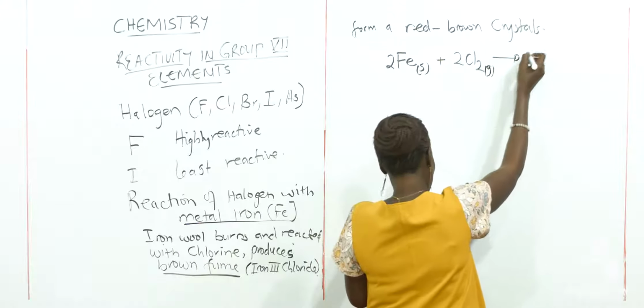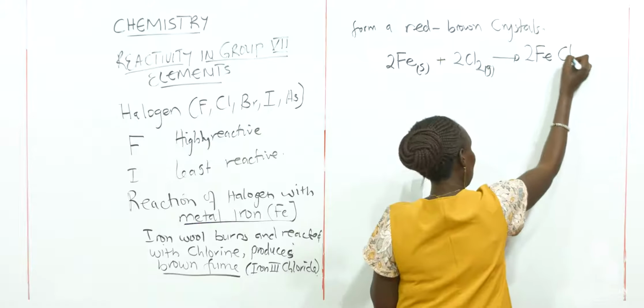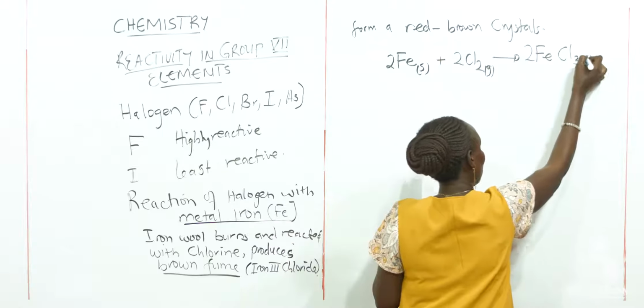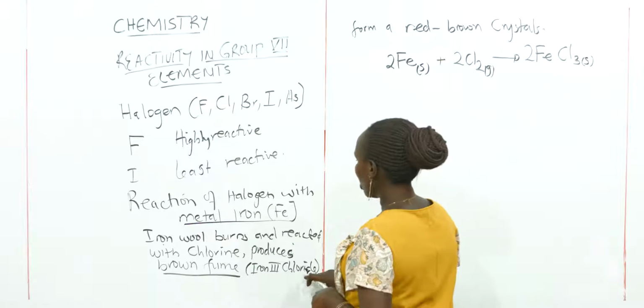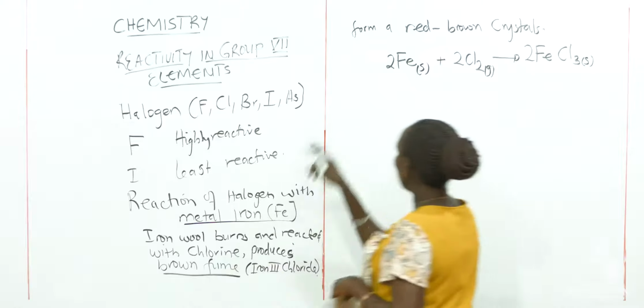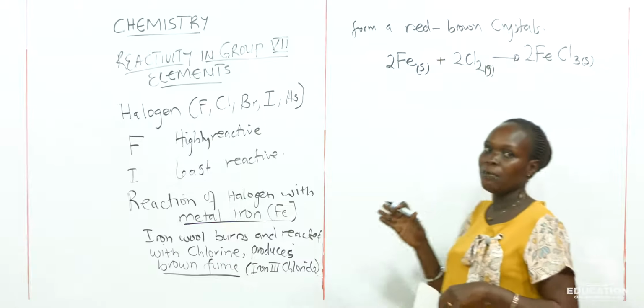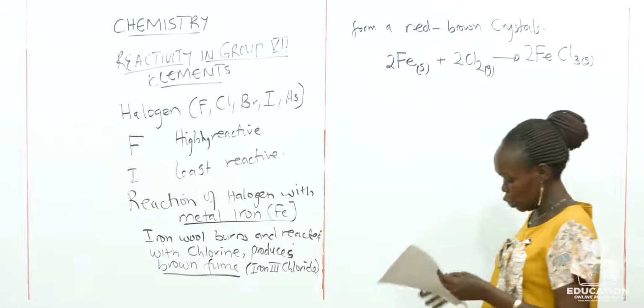It will give us this product, which is a fume, and this fume is in solid form. So this produces iron 3 chloride, which is brown fume, which turns to form red brown crystal when it sticks at the wall of the delivery tube.